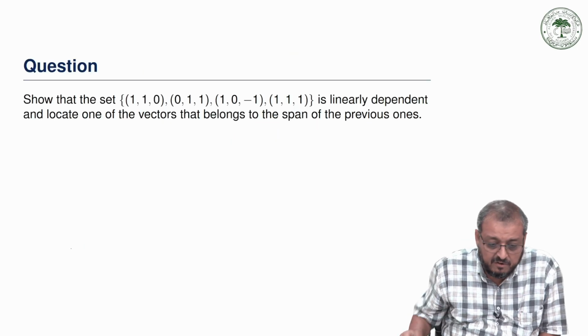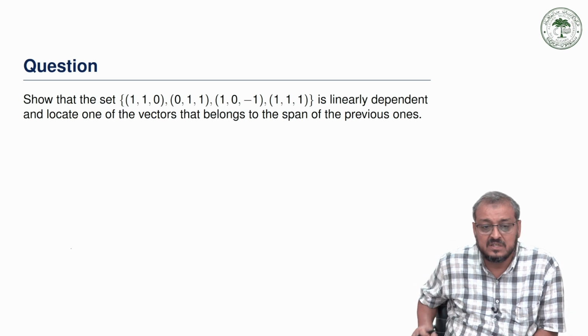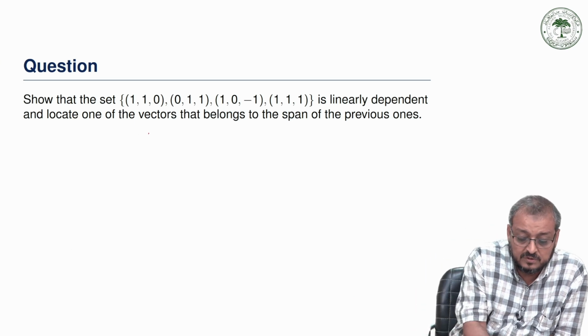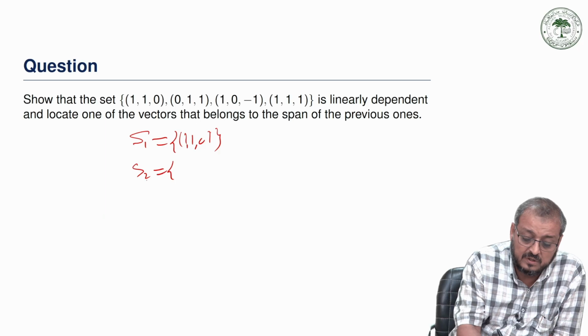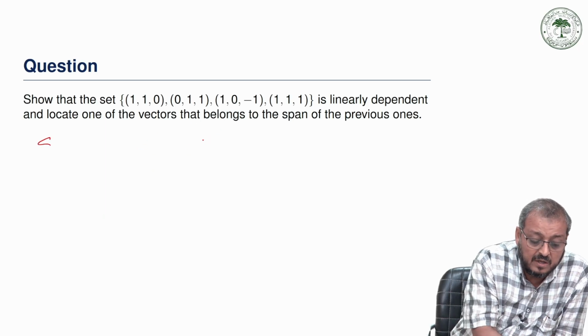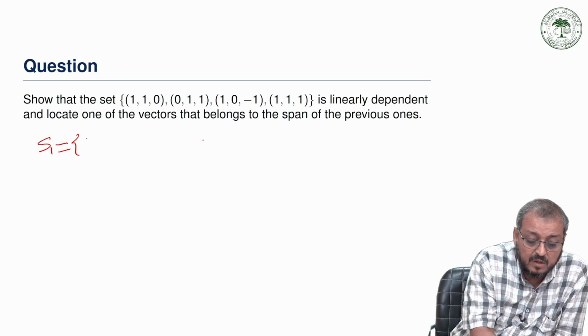Okay, so now let us look at an example. I just write S1 is equal to, we have the vector 1 1 0.